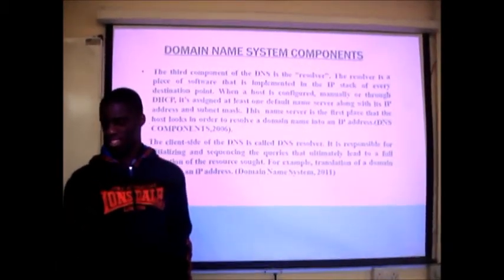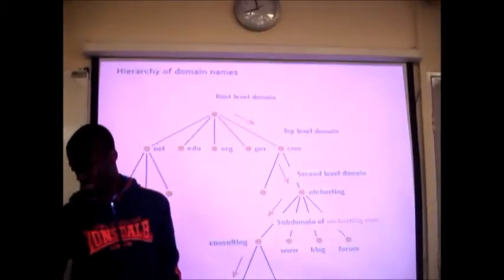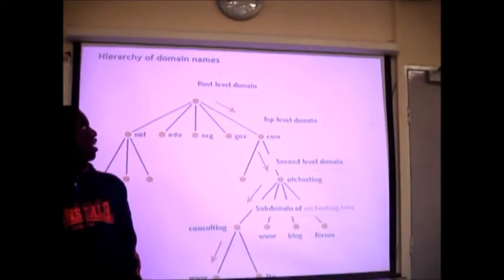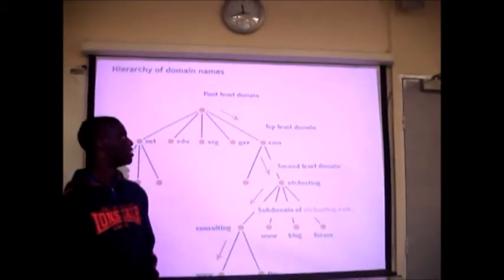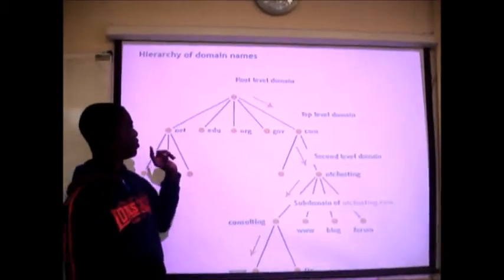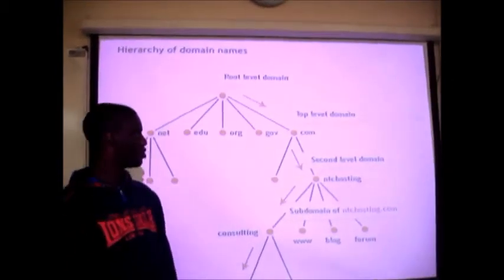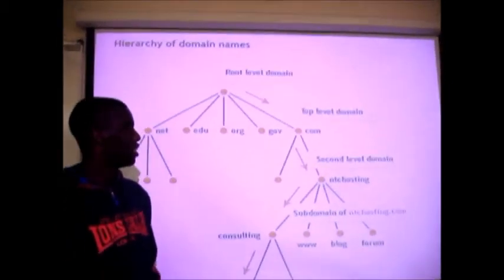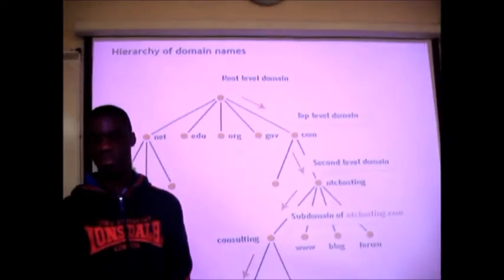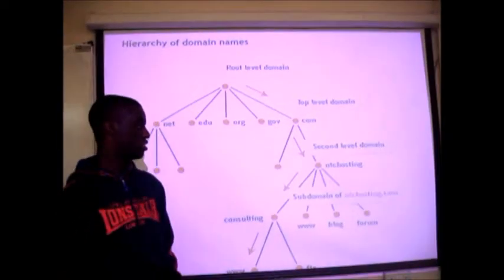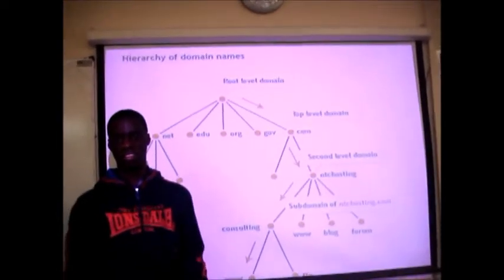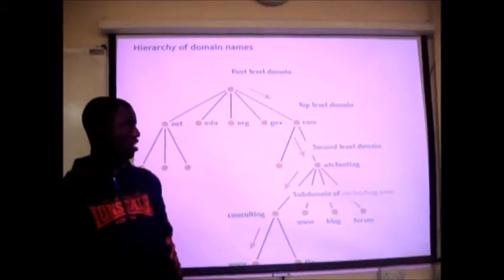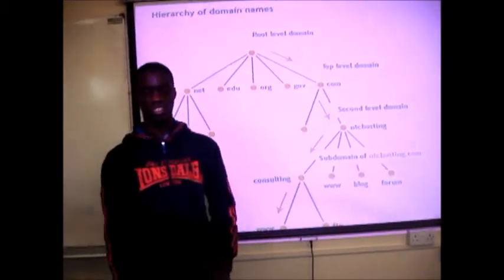And for the DNS components, this tree here talks about the DNS levels, which has the namespaces, .net, .edu, .org, which are also the top level domains. The next one is the second level domain, which has websites like NTC hosting, because I got this tree from the NTC hosting site.